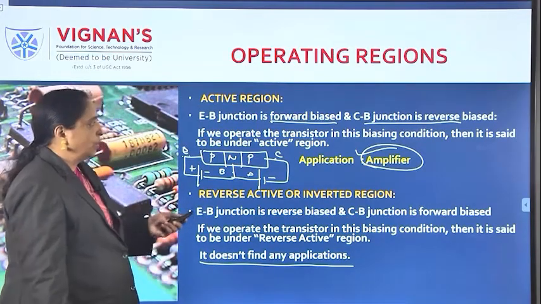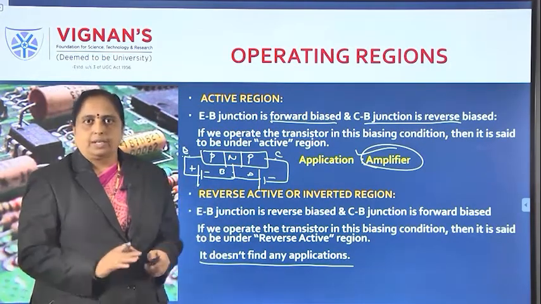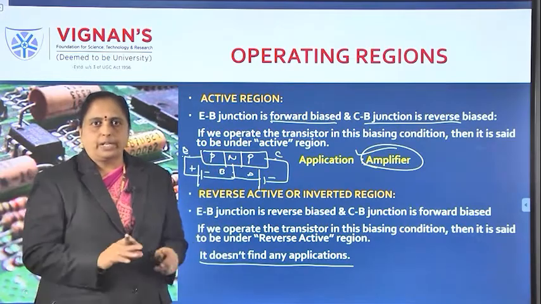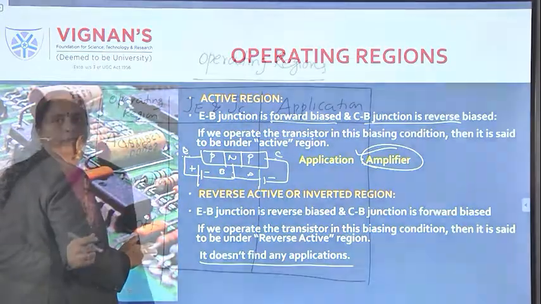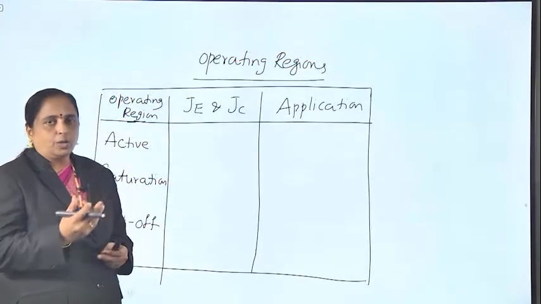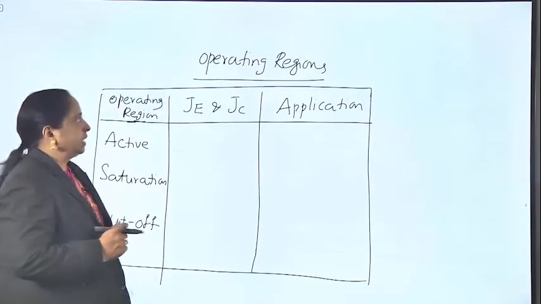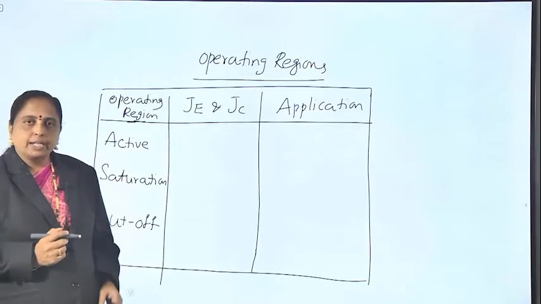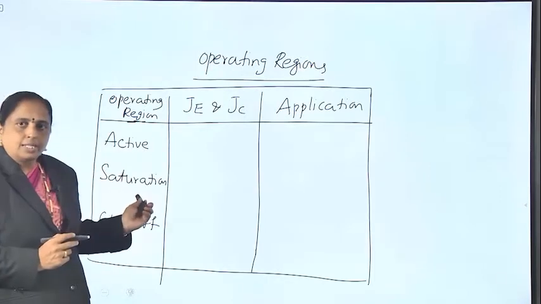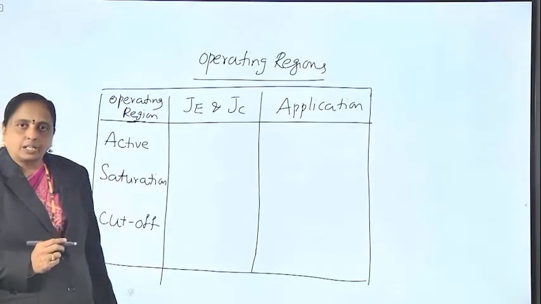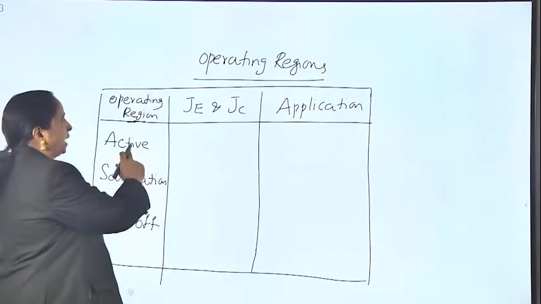Now let us conclude the operating regions of BJT at one place. See here, there are three operating regions: the active region, the saturation region, and the cutoff region. What is meant by the active region?